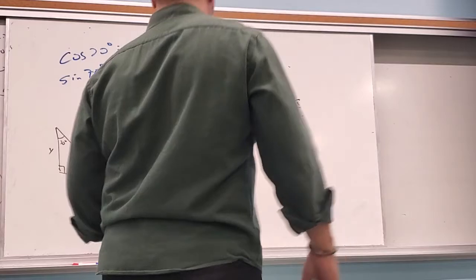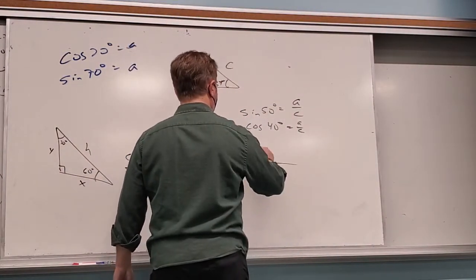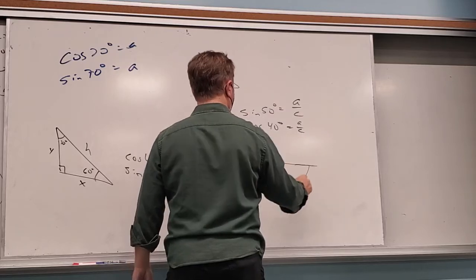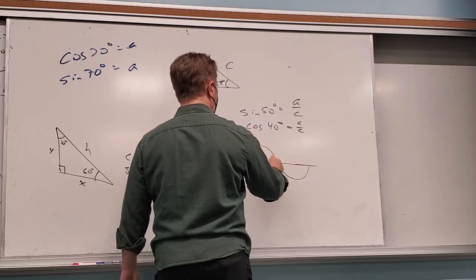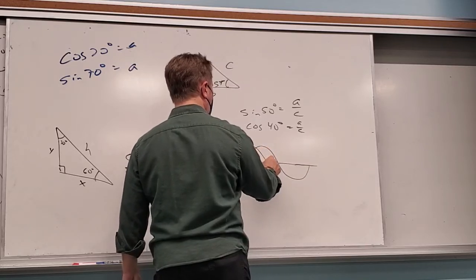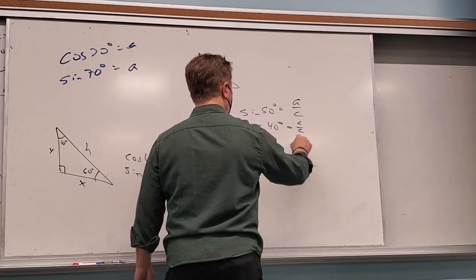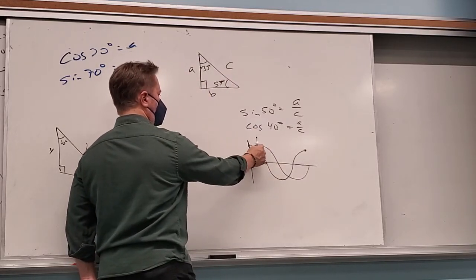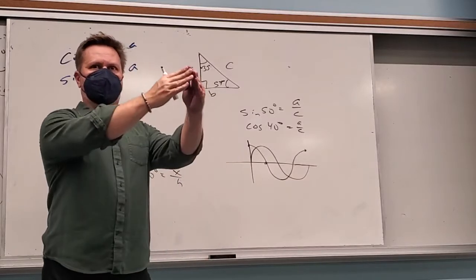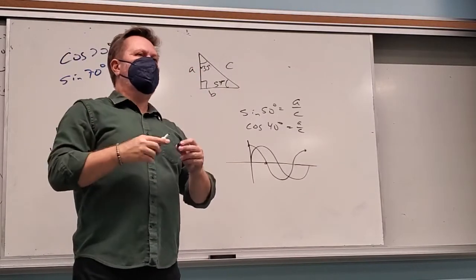And again, just to remind you about the graph, here is sine, right? Here is cosine. Here they're offset by 90 degrees. If I push it back 90 degrees, it becomes cosine.